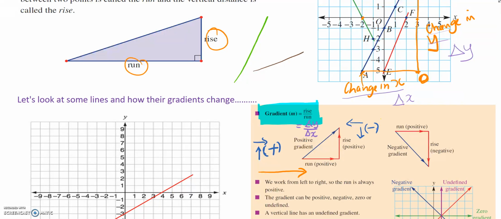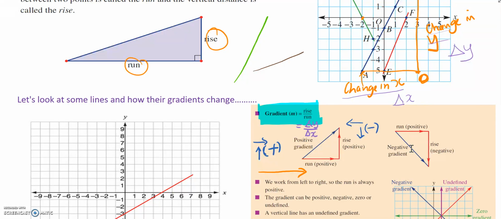So remember that whether it's going to the right or going up, positive, going to the left or going down is negative. That's how you determine it. And always remember that we're going from left to right. So if you look at that line, positive gradient, that line, negative gradient.